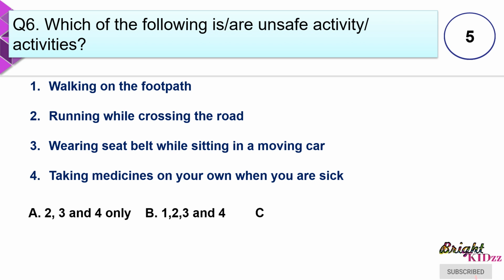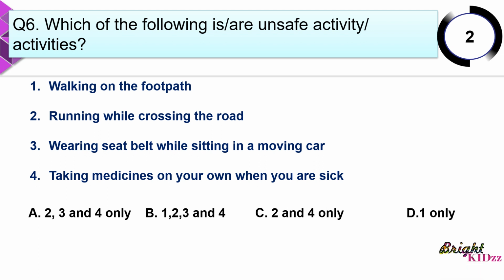So, which all options are unsafe? Answer C, because option 2, that is running while crossing the road, and D, 4, taking medicines on your own when you are sick, are unsafe activities.